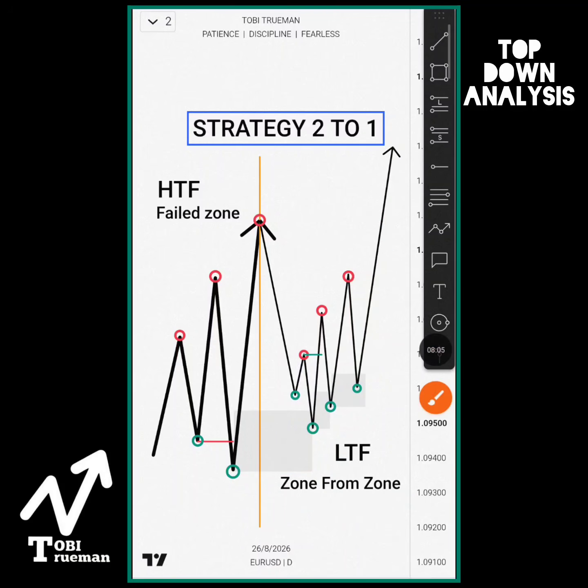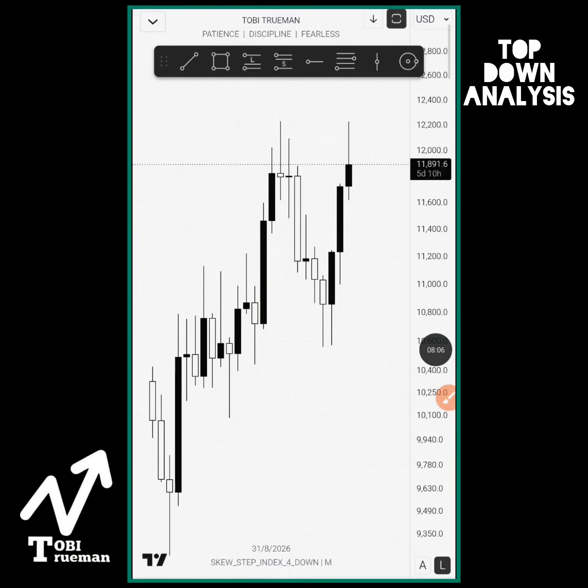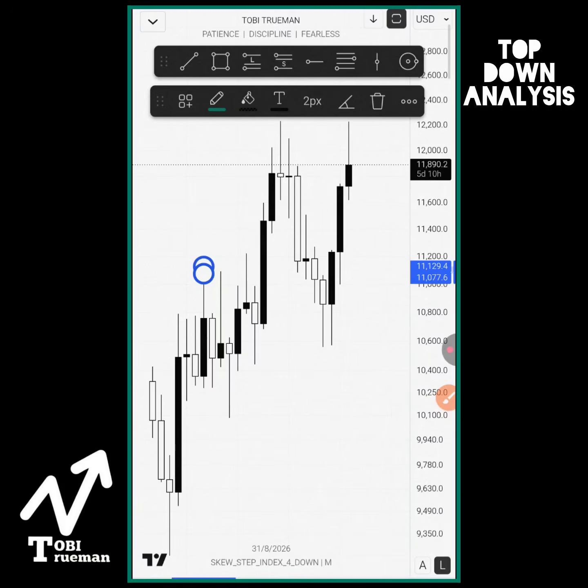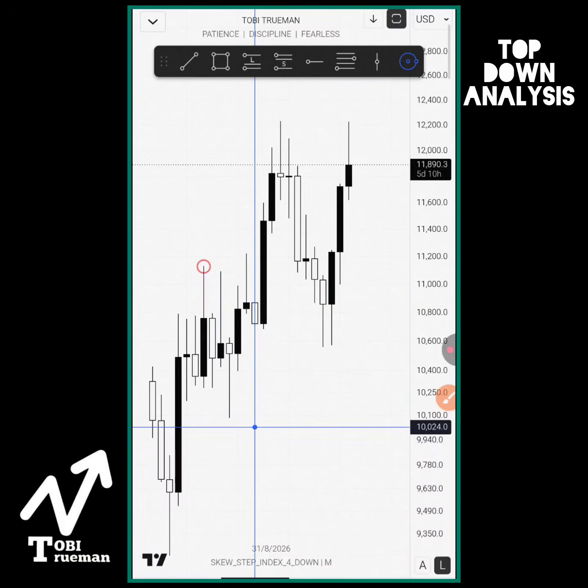So let's quickly look at an example on the real chart. Okay, so let's look at an example on the real chart. By the time you look at this chart, what can you notice? You can notice a previous high point. Okay, that's a high point there, a previous high, a previous low.